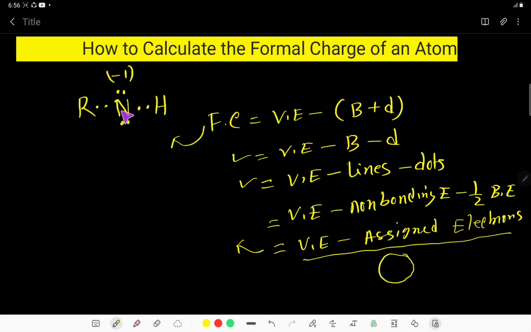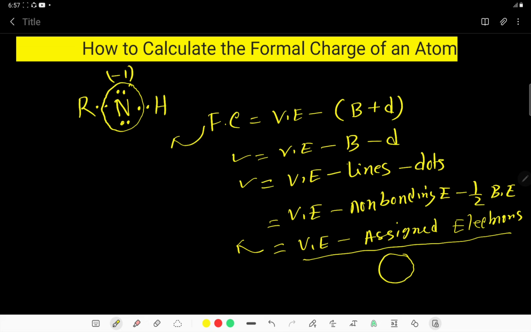For finding the formal charge of nitrogen, we draw a circle, and this circle includes all the lone pairs of that specific atom, but it includes the bonding electrons equally, that is half of the bonding electrons. Here too, this circle will include 1.